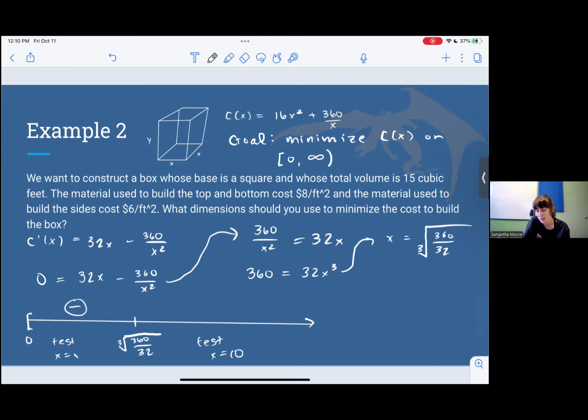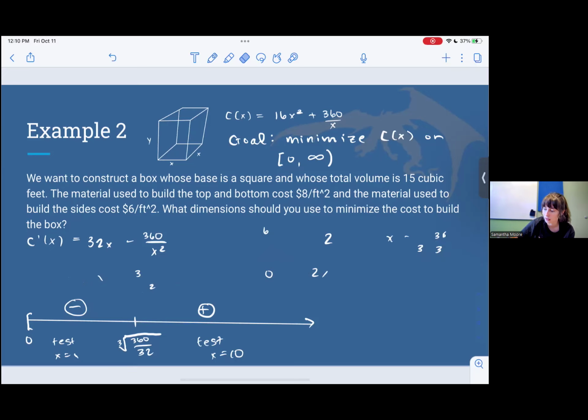So c prime of 10 is going to be 32 times 10, so 320, minus 360 over 100, so minus just 3.6. So we're going to be positive in that region. Okay. So this is my sign chart for c prime of x.